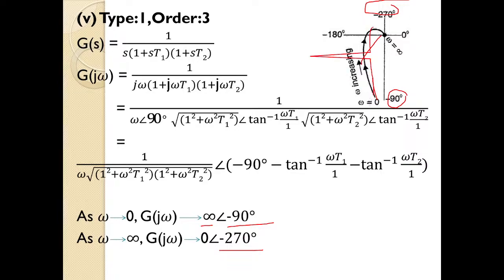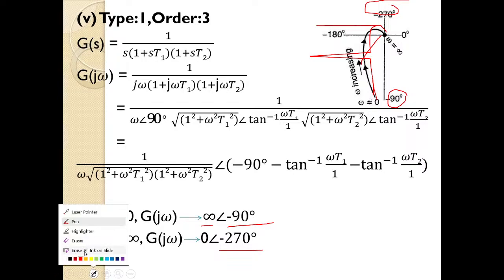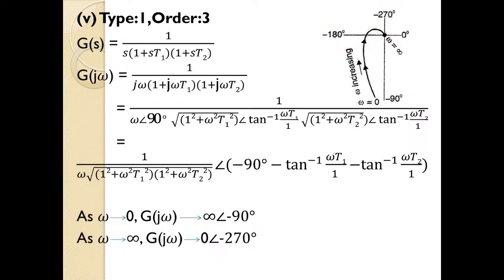It will start from here, travel like this, and end at the 270 degree axis. My pen is not cooperating with me. So this is the plot for the type 1 order 3 system.